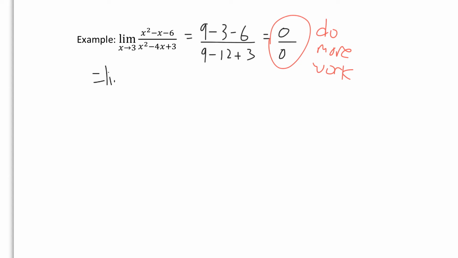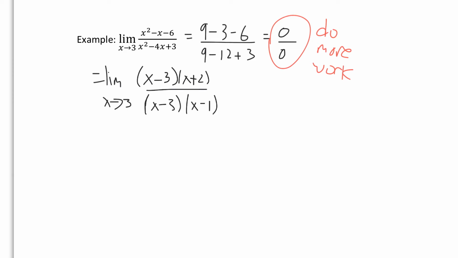So we still leave the limit out front because we haven't done a limit yet, so you write limit. So we're looking for two numbers that multiply to give -6 and add to give -1. Looks like x minus 3, x plus 2. Multiply to give 3 and add to give -4, that's definitely -3 and -1. So x minus 3 and x minus 1. Well, it looks like something cancels.